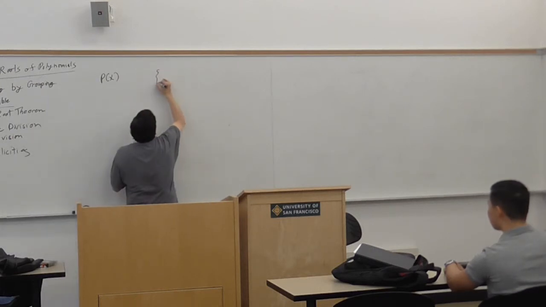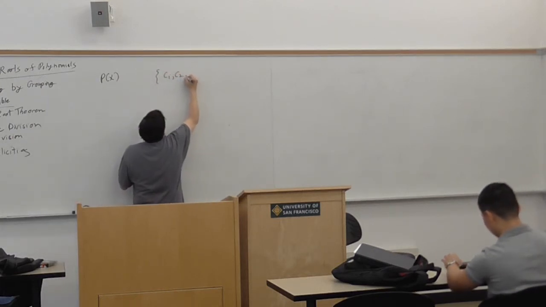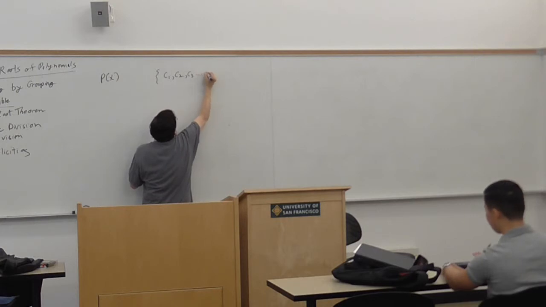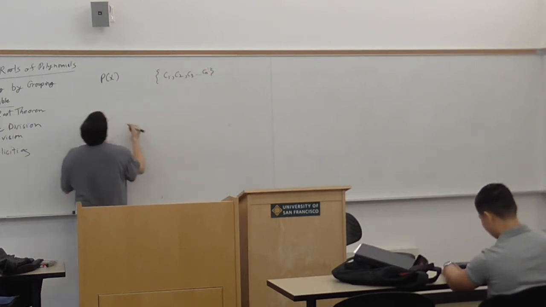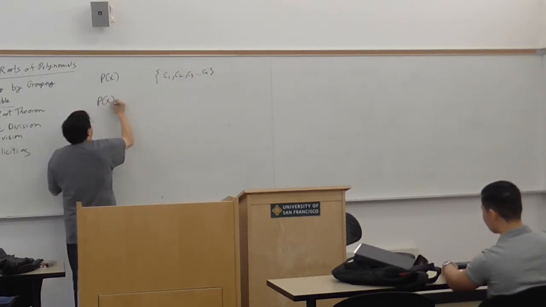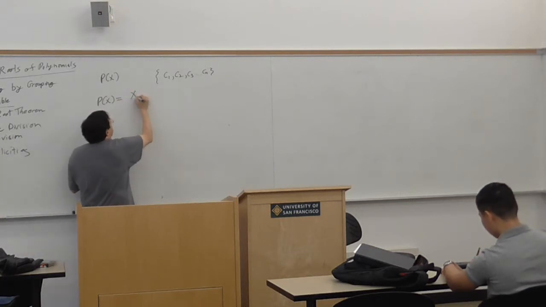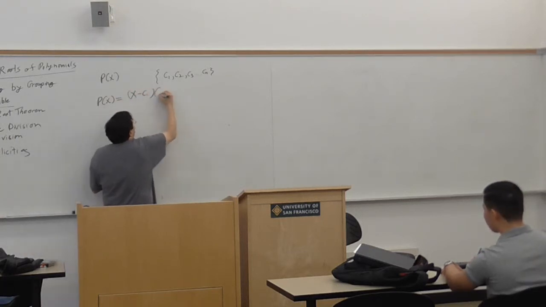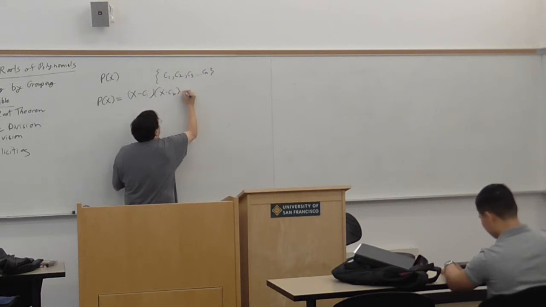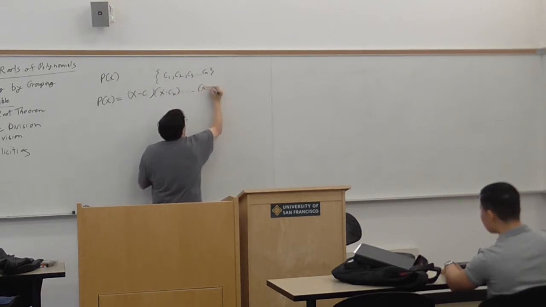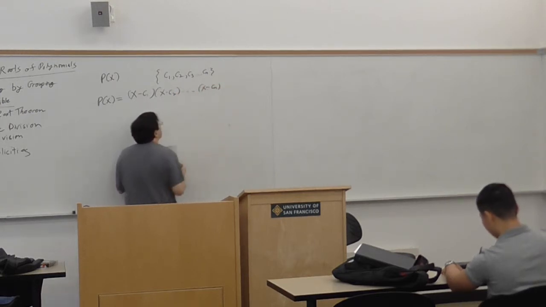I have some list here: c1, c2, c3, etc., cn. I know that it's easy to make a polynomial with those roots. It's just x minus c1, x minus c2, all the way to x minus cn.